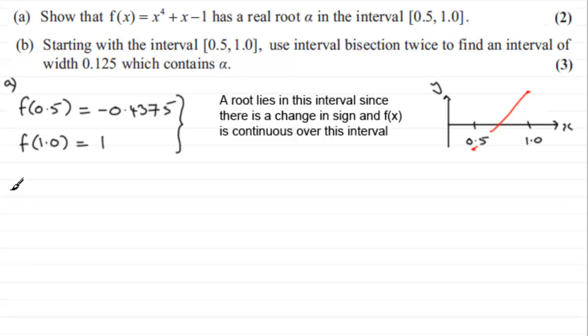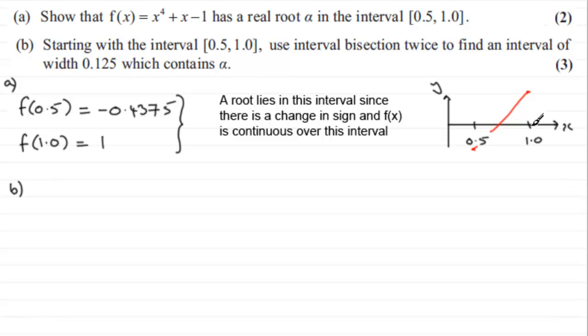Now in part B, we're told that starting with the interval 0.5 to 1, we've got to use the interval bisection twice to find an interval of width 0.125 which contains this root alpha. So first of all, what do I know? Well, I'm going to cut this interval in half.